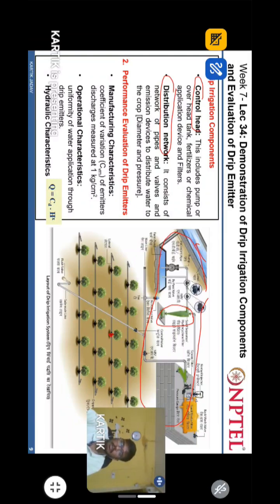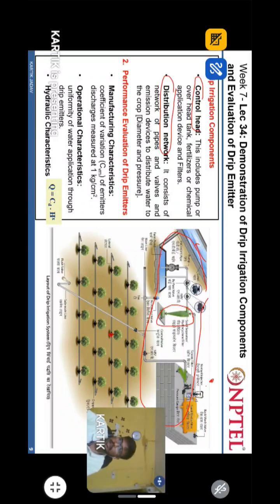After that, because we are injecting chemicals, those chemicals may react with the water that we are taking from the source, and that water may form precipitate of those particular chemicals, because we don't know the quality of water coming every time.